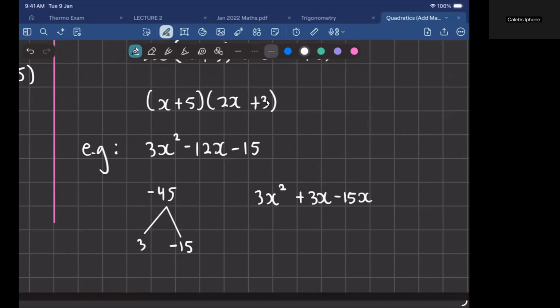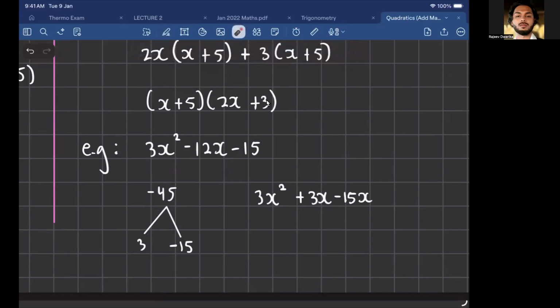And if you're confused by that, I want you to put 3 minus 15 into your calculator. Negative 12, right? So all we did was write minus 12x as 3x minus 15x, right? Then I'm going to put minus 15 here. You're going to draw an imaginary line in the middle, and you're going to factorize on either side.